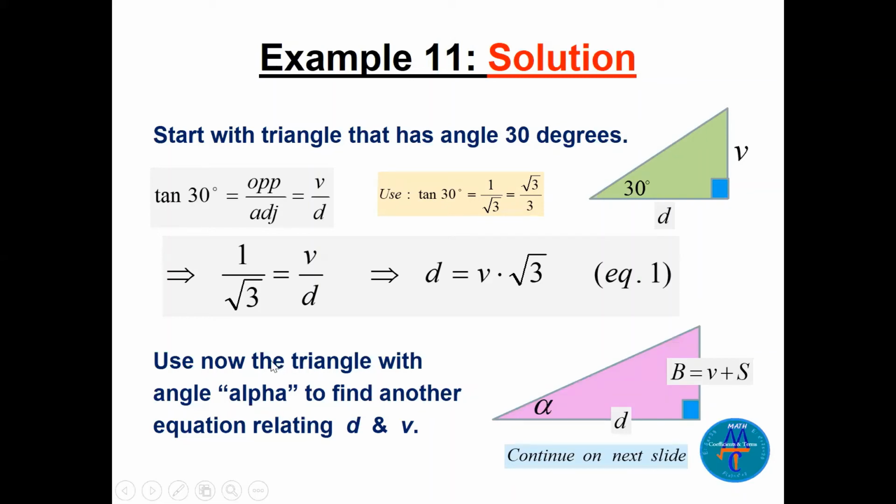Now here, let's take this triangle with alpha. This is the distance D. This is the big height, capital B, V plus S. Because we need to find another relation between D and V, we can use equation 1 there.